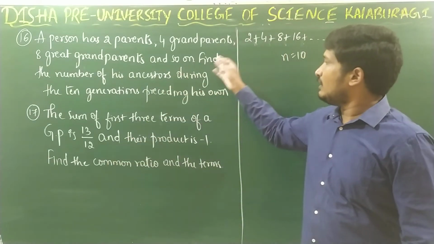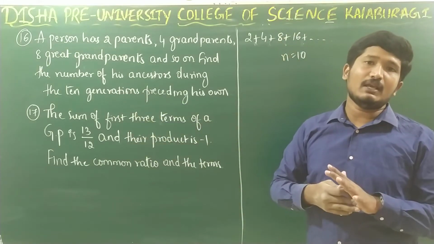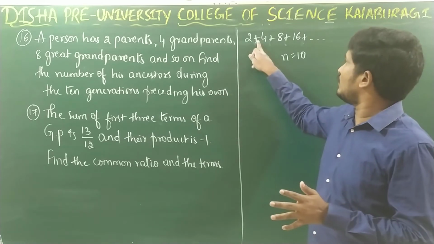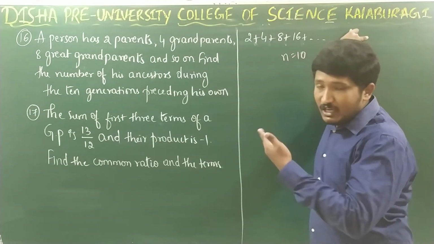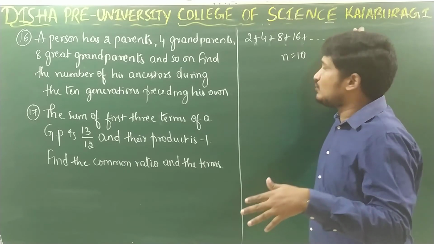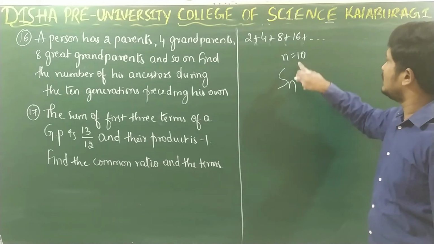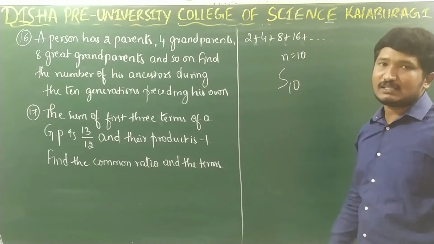In the same way, till the 10th generation, how many ancestors I will be having, that is the total number of ancestors. So I have to add all of this. In other words, I have to calculate the value of Sn. Here n is equal to 10, so I have to calculate the value of S10.